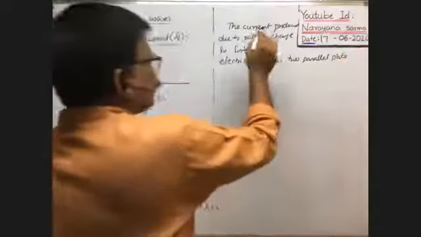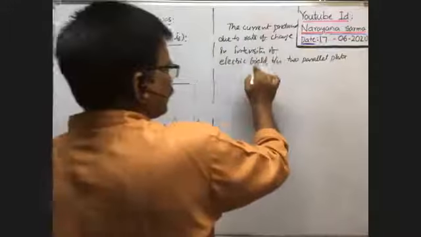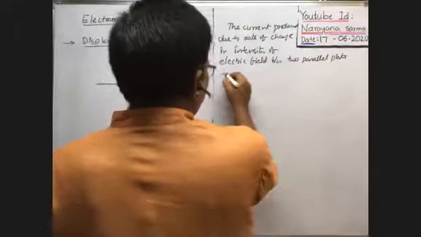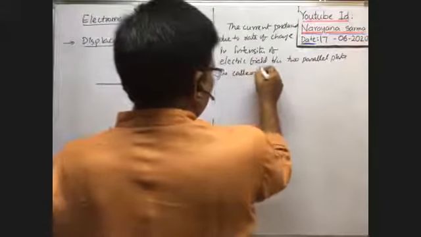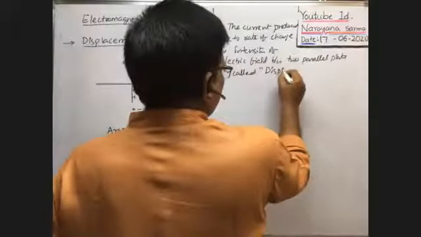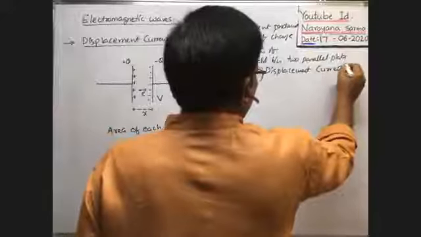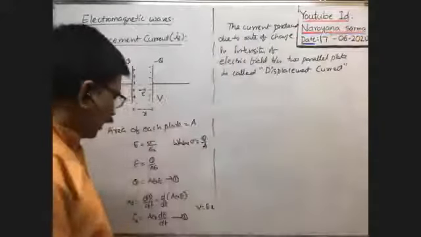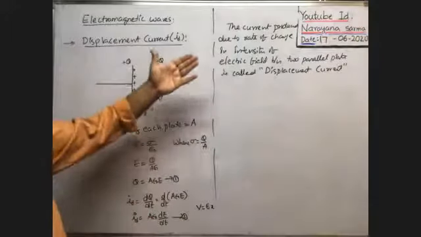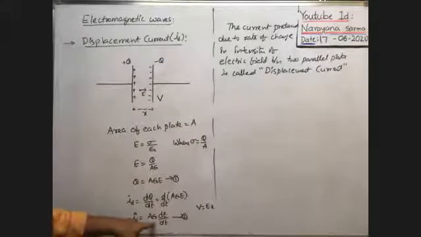So the current produced due to the rate of change of intensity of electric field between the two parallel plates is called displacement current. Okay, so to find the displacement current due to the rate of change of intensity of electric field, we can use this formula.